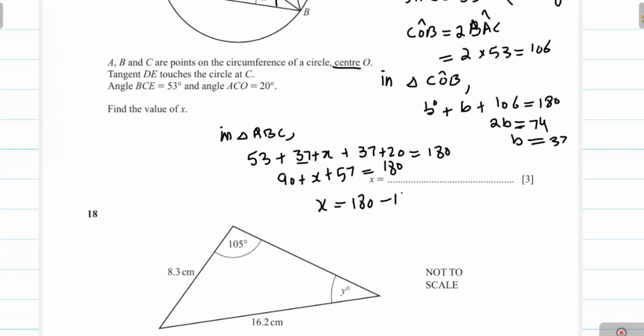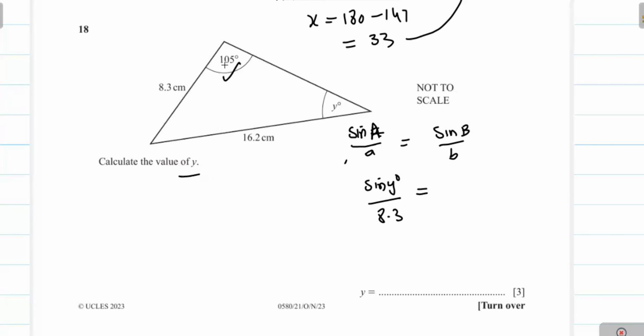The formula here is sine A over side a equal to sine B over side b. Here sine A is sine y degrees. This will be the opposite side, 8.3, equal to sine B, which is sine 105 degrees, and our opposite side is 16.2.